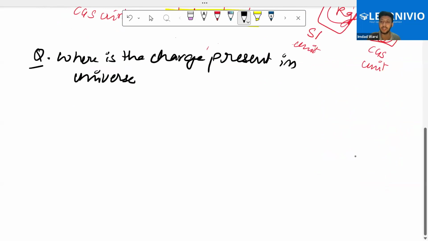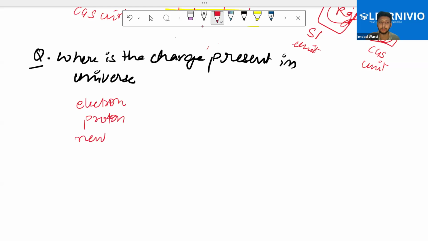How can we see this charge? How can we feel this charge? So we know that the smallest quantities that we know which carry charges are electron, proton, and neutron, right? Electron has negative charge, proton has positive charge, and neutron has what kind of charge?